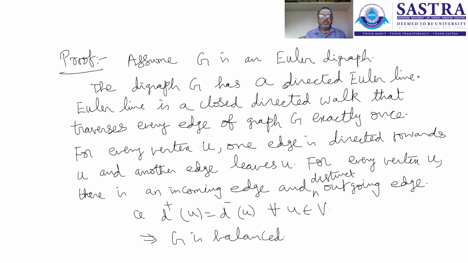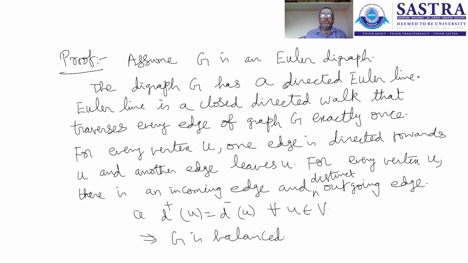Now you can see that this is very simple. Let me again repeat it. G is an Eulerian digraph. If it is an Eulerian digraph, it should have a directed Euler line. And when it has a directed Euler line, it has to travel through all the edges exactly once, and therefore the graph G will necessarily be connected.